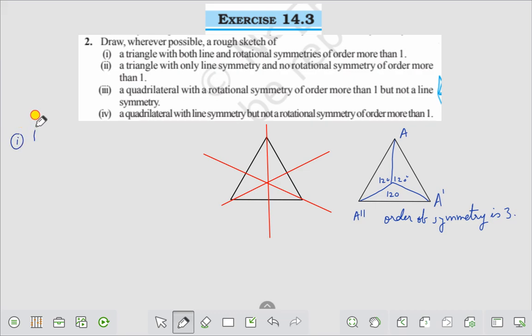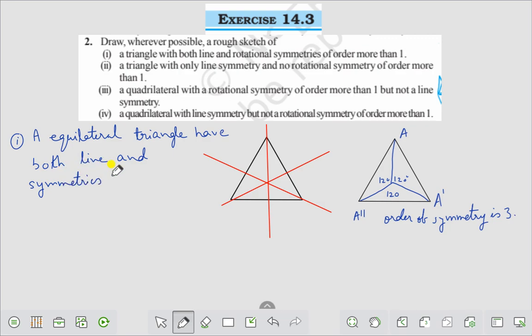An equilateral triangle has both line symmetry and rotational symmetry of order more than 1, that is, order of symmetry is 3, right? And lines of symmetry is also 3 for an equilateral triangle.